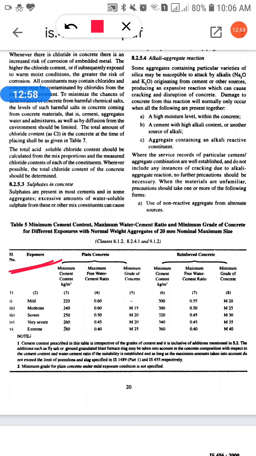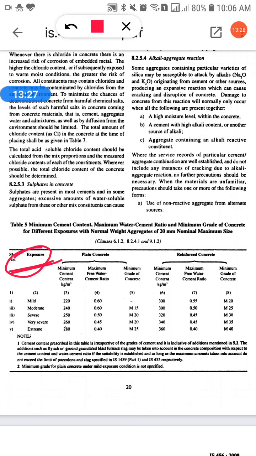See, what kind of exposure condition is given in your question? We have to see the exposure condition from the question only. Okay, I am checking in IS 10262 what exposure condition is given. The exposure condition provided in the question is severe, for reinforced concrete.